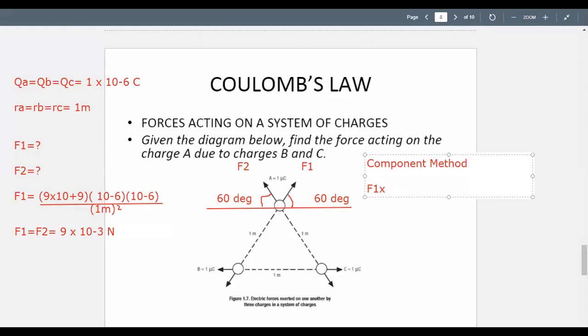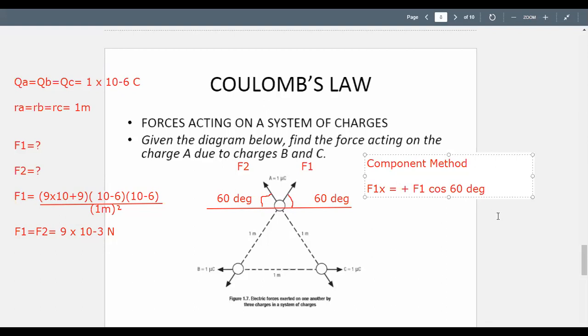We know F1x to be F1 cosine of 60 degrees. If you look at F1, it's pointing right, so this must be a positive answer. We can calculate that.